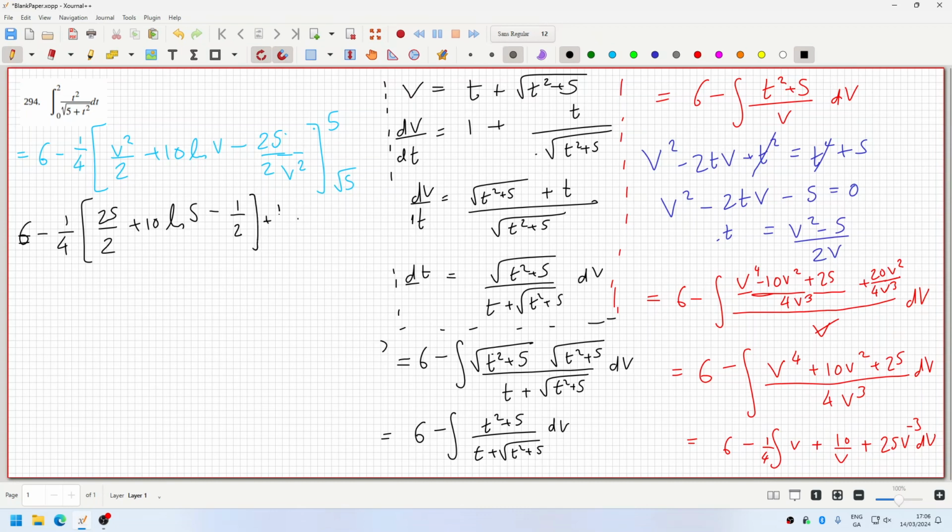Minus minus, so plus a quarter, 5 over 2 plus 10 log root 5, and then root 5 squared is 5, 25 over 5 is 5, so that's minus 5 over 2.